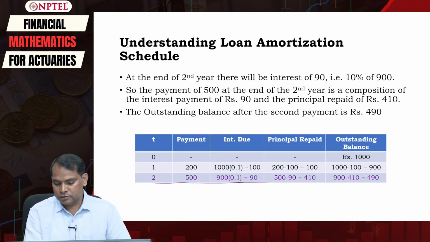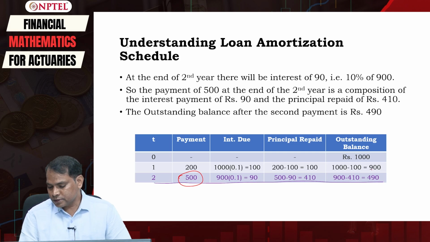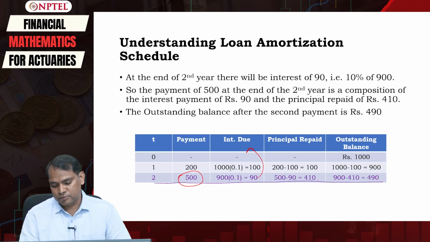Okay, here you can see it clearly that in the second year, this is the second payment you have made, that is 500, that you have decided earlier. Okay, and now the interest amount has been computed from this, so 90 rupees will go towards the interest due, and the remaining amount will be reduced from the principal repaid.